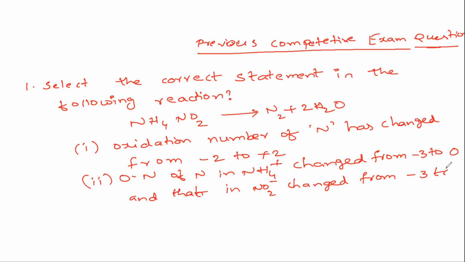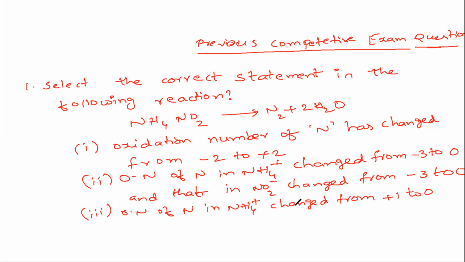In both cases, they have given -3 to 0. Let us see. Third option: the oxidation number of nitrogen in NH4+ changes from +1 to 0, and that in NO2- changes from -1 to 0. Fourth option, none of the above.